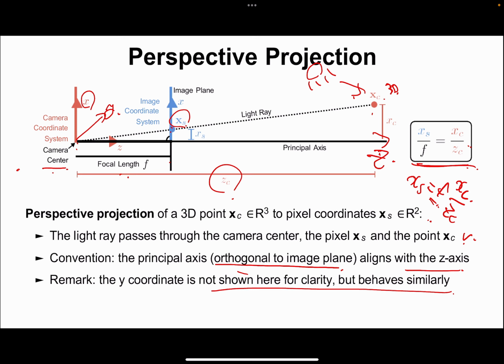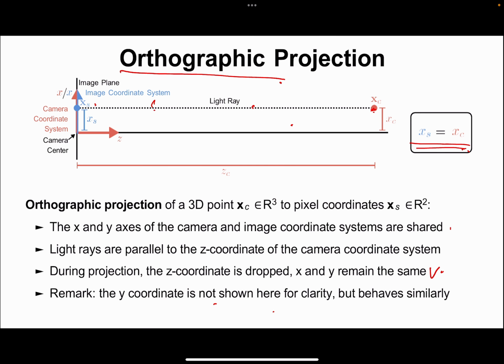But the important thing is that we divide xc by zc. This becomes really different. The position of the point in the image coordinate system is related to zc, the depth coordinate in 3D space. That is really different, and that is also consistent with the visualization.